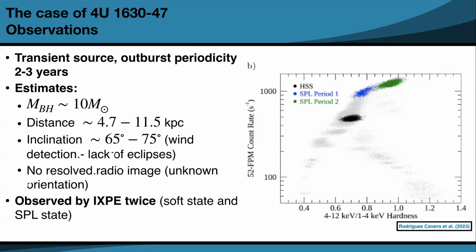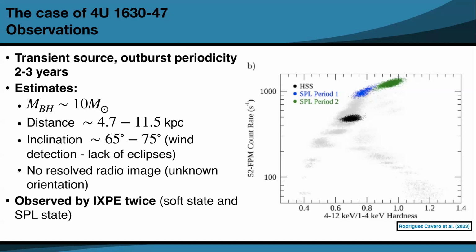Once in soft state, because it went into outburst in August of 2022, was observed after the outburst began, and was found in soft state, that is the black dots in the hardness intensity diagram. Then in March of the following year, it showed a sizable increase of flux and was observed once again. In this case, it was found in a steep power law state, where the flux was larger and there was a much larger contribution from a Comptonization component.